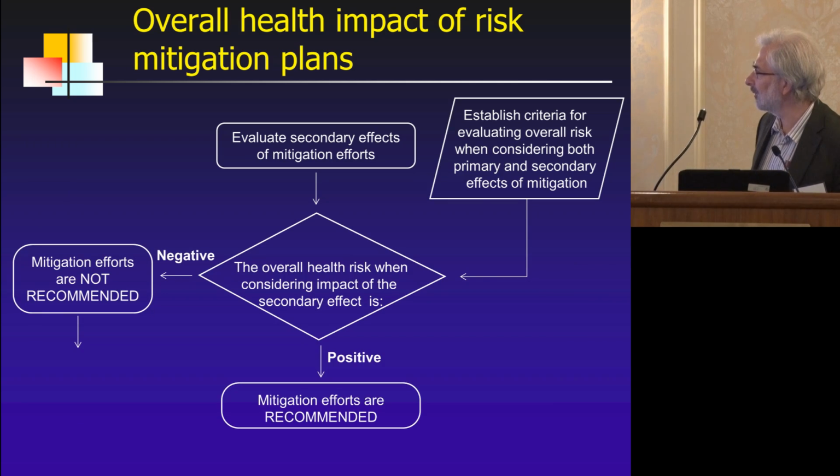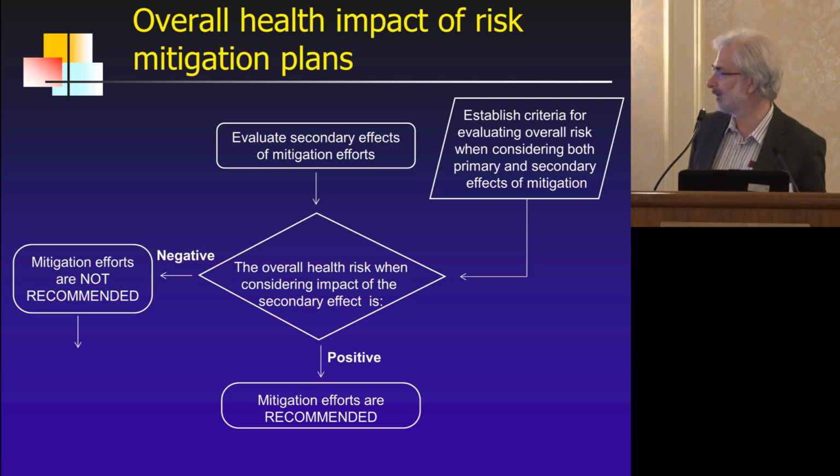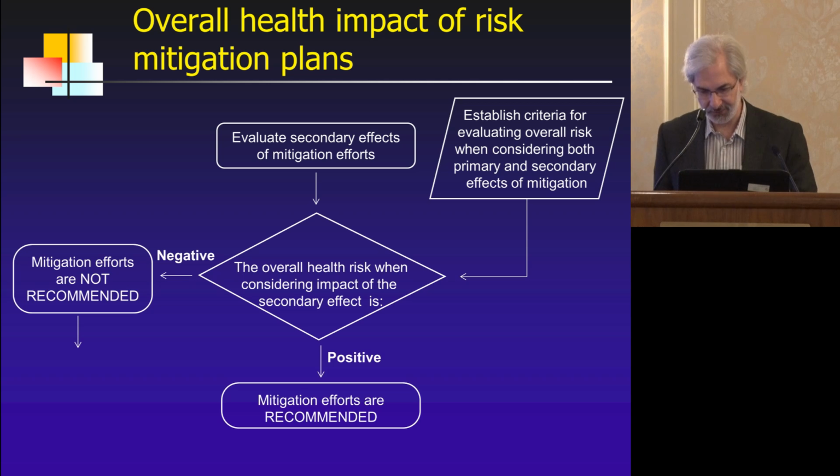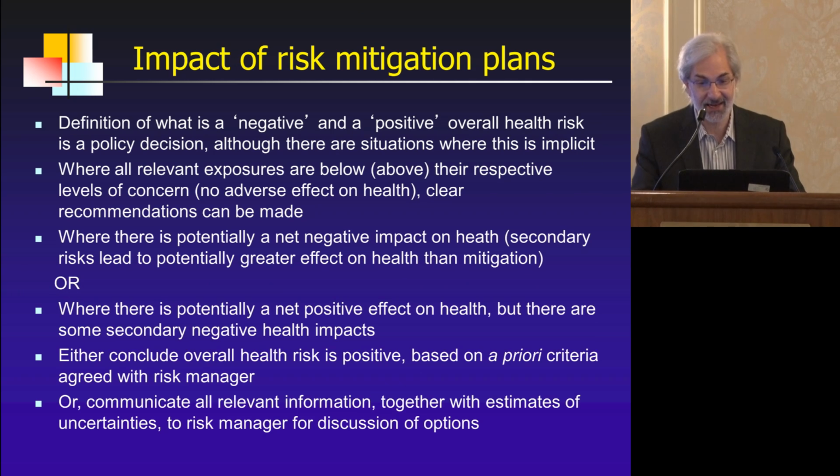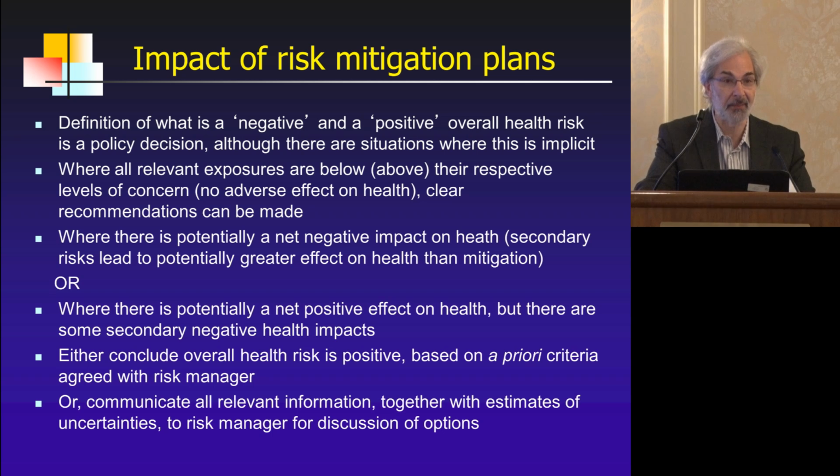So we then conclude that the overall health risk when considering the impact of the secondary effect is either positive, in which case we would have an impact of the mitigation and would therefore recommend that mitigation effort. Or it's negative, and then we would therefore not recommend the mitigation effort. But what is negative and what is positive? Again, this is a policy decision, although there are situations where it's implicit.